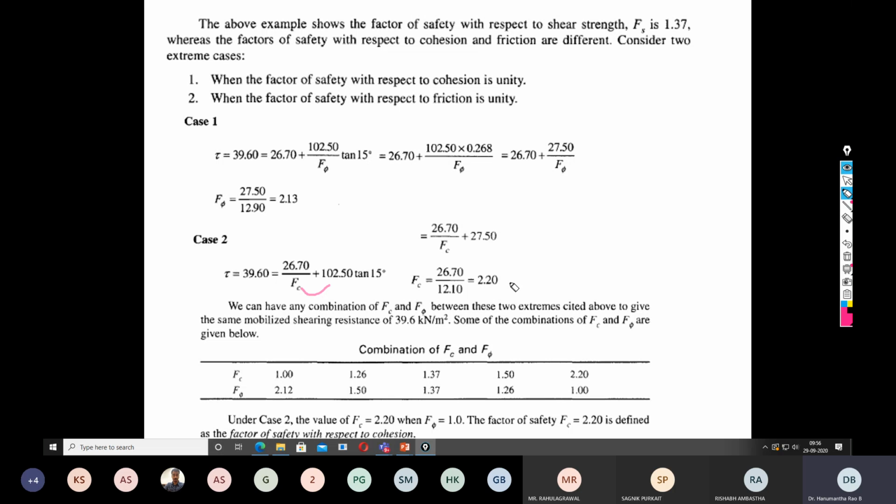Now when you assume Fc is unity or Fφ is unity, we are simply ignoring these factor of safety values. That means you are giving top priority to the other component. Then you see how much is the improvement in the factor of safety. There may be a possibility of decrease also. If it is increasing, there is no problem. But if there is a decrease, then we will be in trouble.